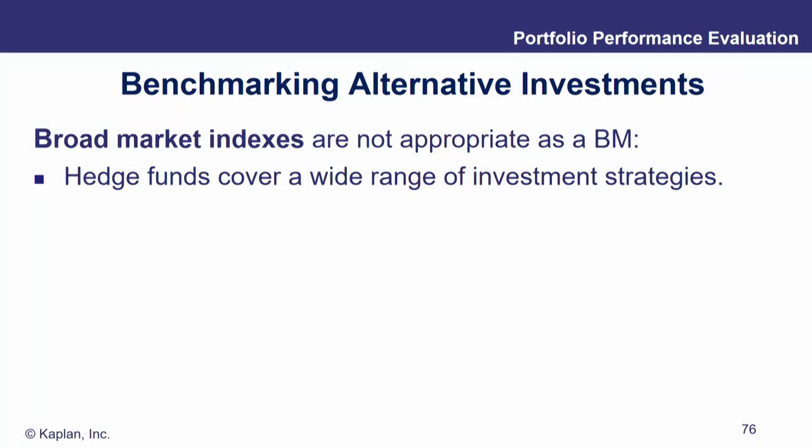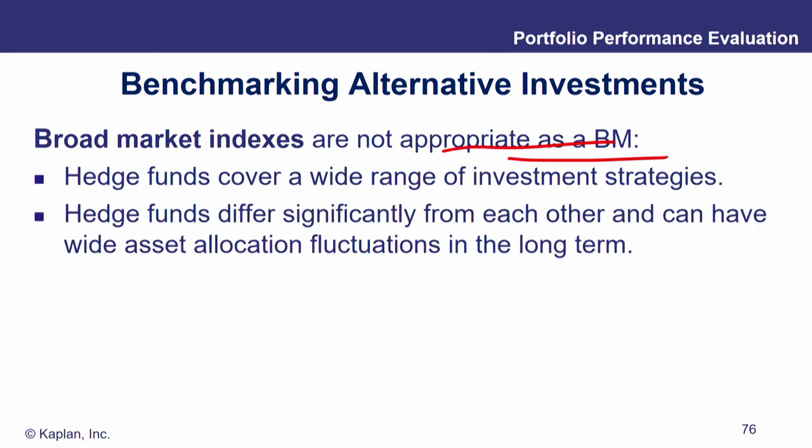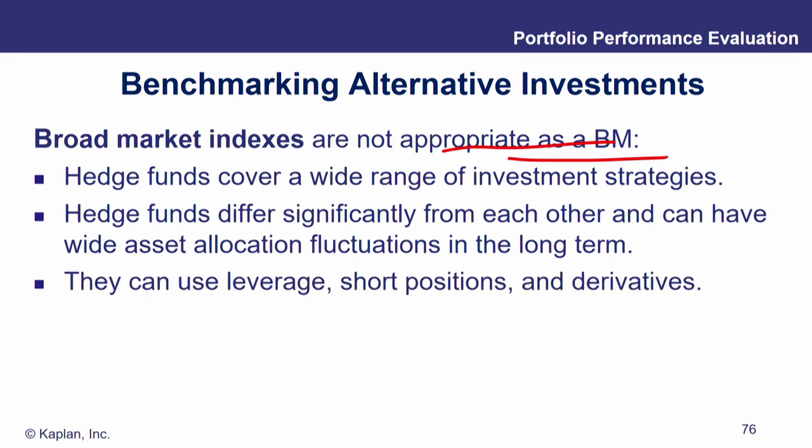So broad market indices are generally not appropriate as benchmarks. Why? Because hedge funds cover a wide range of investment strategies. The hedge fund likely differs significantly from other hedge funds also. Also, we factor in leverage, short positions, and derivatives. Again, these broad market indices just are not representative of this.